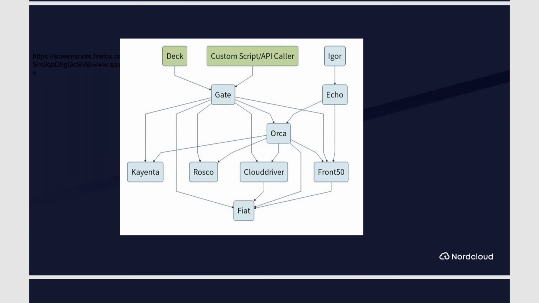And actually, the one service that we didn't mention in the previous slide is Clouddriver. So Clouddriver basically manages the cloud provider integrations. So for example, on top of AWS, it talks with the AWS APIs and interfaces with those. So it's hugely important, of course.